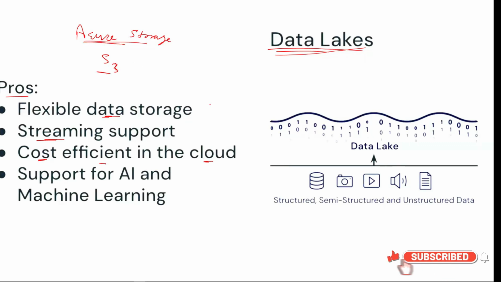We can use it to store structured, semi-structured, or unstructured data. It could be audio files, videos, pictures, or anything, so binaries. We can use all this kind of data with the data lake. It supports AI and ML as well, so the same data we can use for AI and ML.